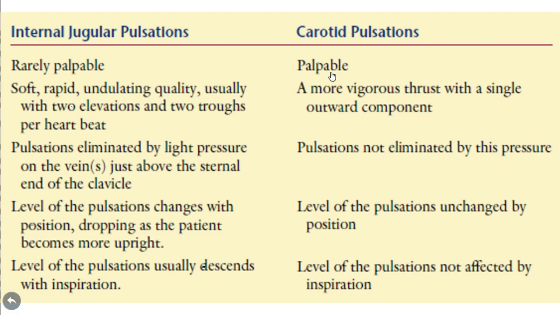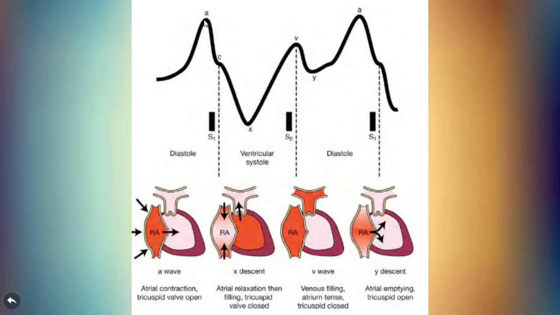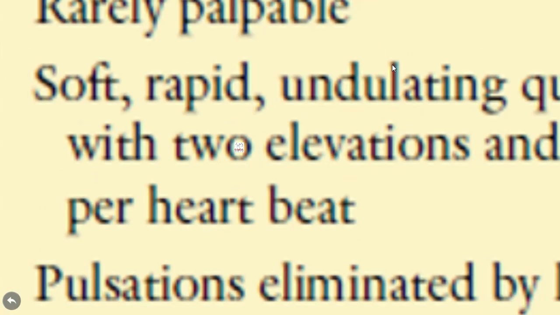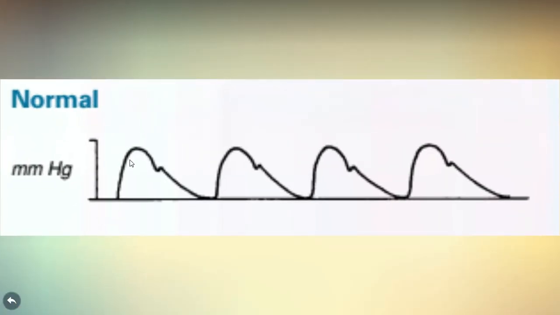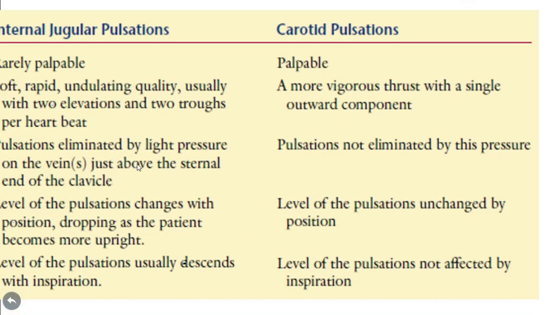For the quality, the IJ pulsation is soft, rapid, and undulating, with two elevations and two troughs. For the carotid pulsations, there is a vigorous thrust with a single outward component. Usually it is as high as 40 to 45 millimeters mercury.